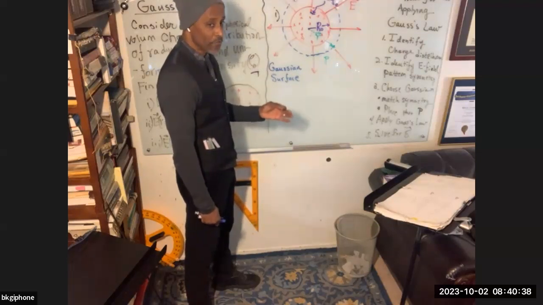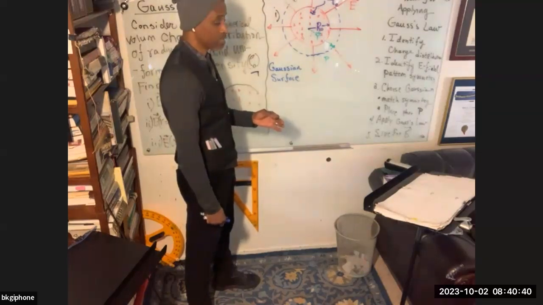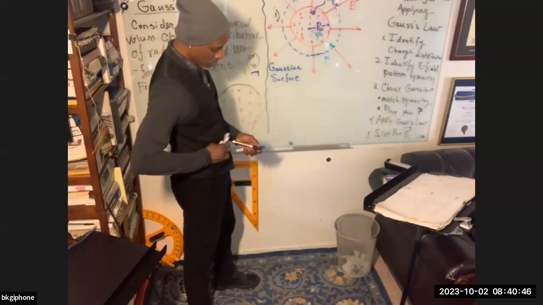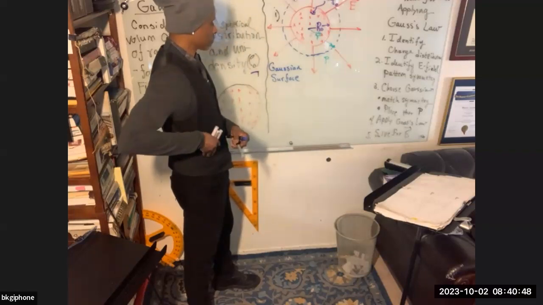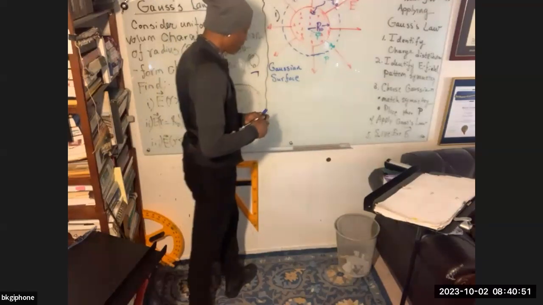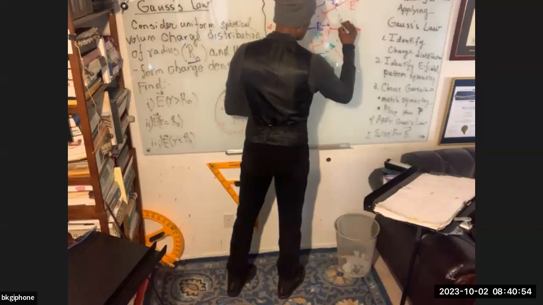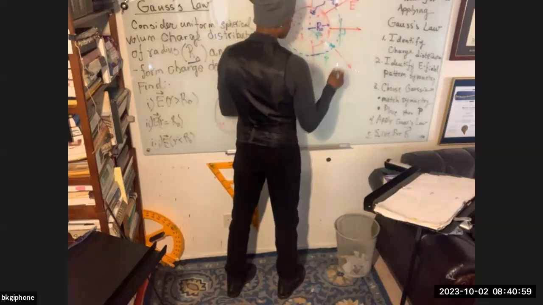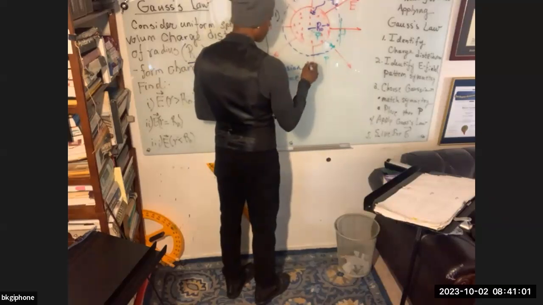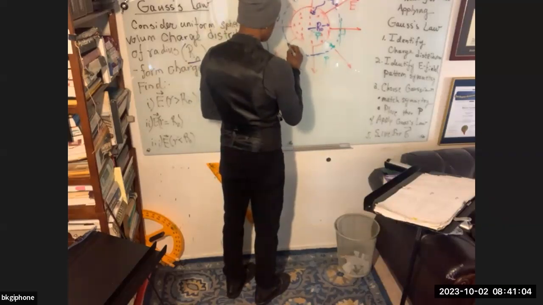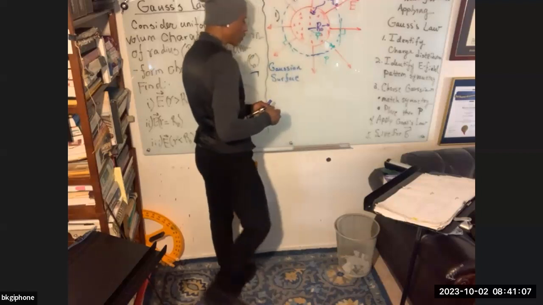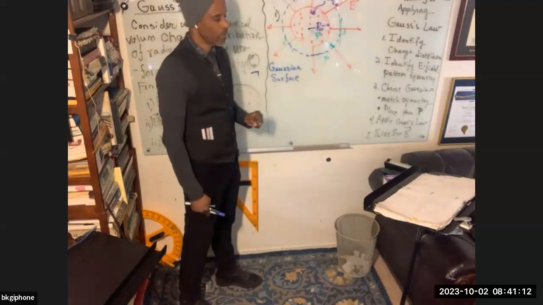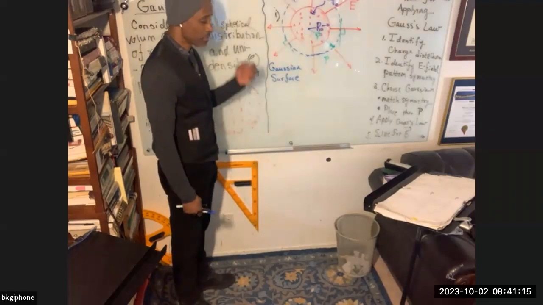By symmetry we can figure out what that angle must be. It's got to be 90 degrees. So everywhere the electric field crosses a point on my Gaussian surface, it makes a 90-degree angle. We don't know the value of E, but we do know that about E on the surface of this Gaussian.